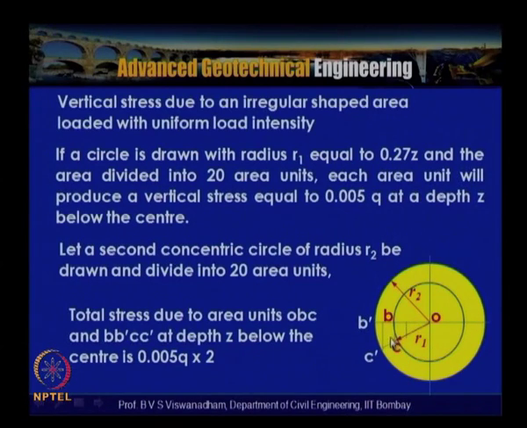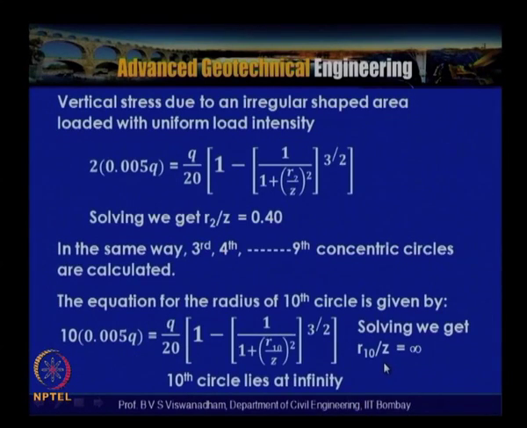Let us assume this portion is 0.005 Q, and this portion is also 0.005 Q. So in order to get the radius R2, we say 2 into 0.005 Q is equal to Q by 20 into 1 minus 1 by 1 plus R2 by Z whole square to the power 3 by 2. Solving, we get R2 by Z equal to 0.4. In the same way, for the third circle we use 3 into 0.005 Q, and for the fourth circle 4 into 0.005 Q.